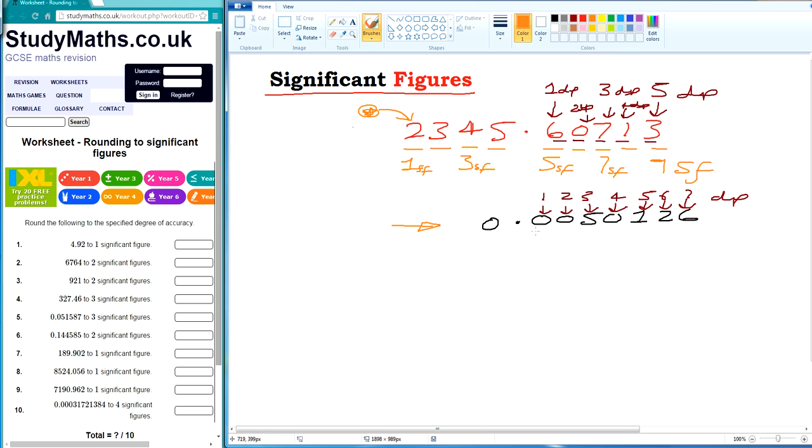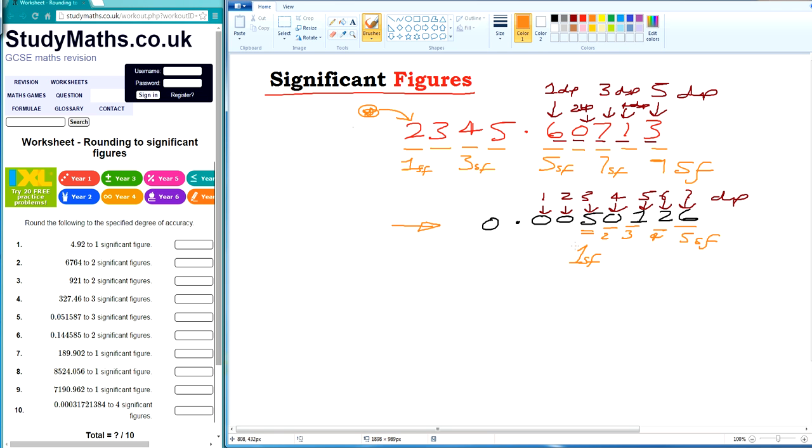No. Is the next one a significant number? No. Next one? Next one? Yes. So this 5 here in the third decimal place is called our first significant figure. And that's the second one. That's the third one. That's the fourth one. And that's the fifth significant figure.